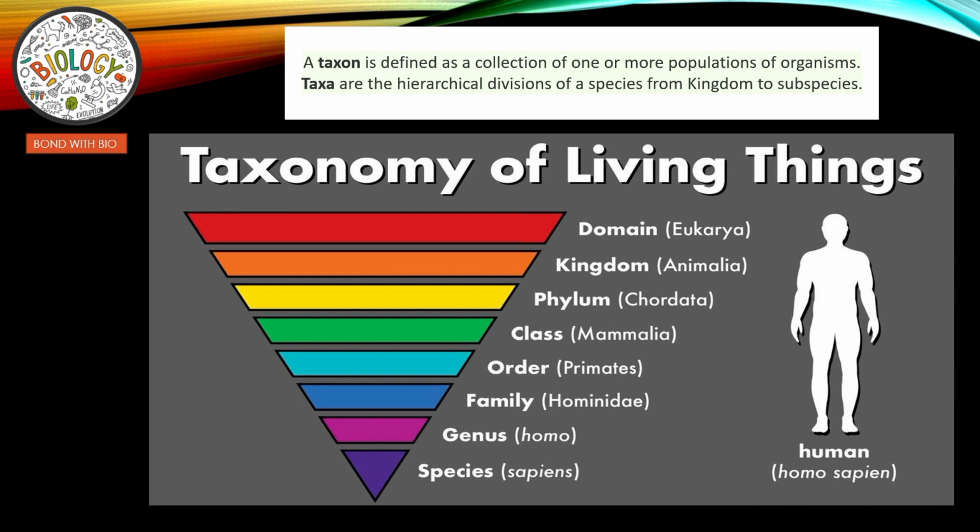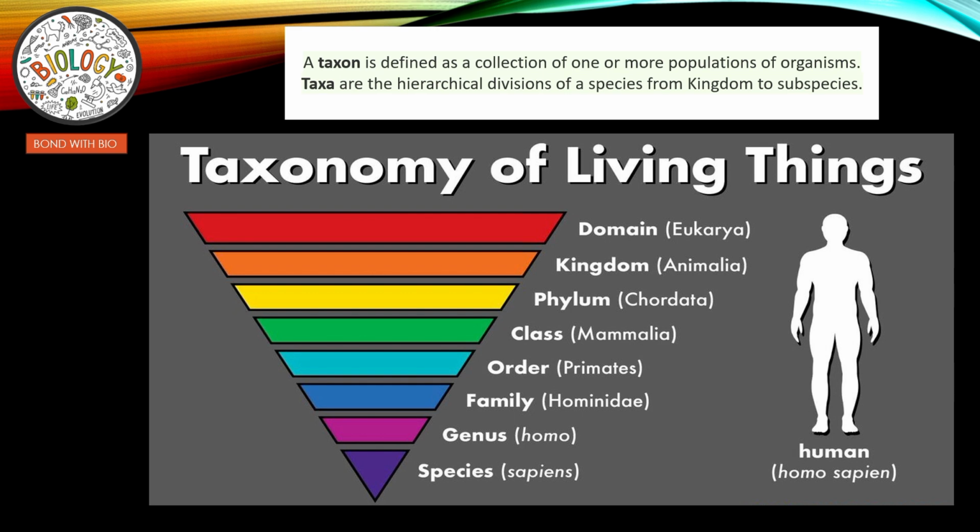Let us take this example of human beings. Human beings belong to the kingdom Animalia, which is a very broad spectrum where not only humans but various sorts and different types of animals are present. Then we go on to phylum, that is Chordata, which again belongs to the class Mammalia.